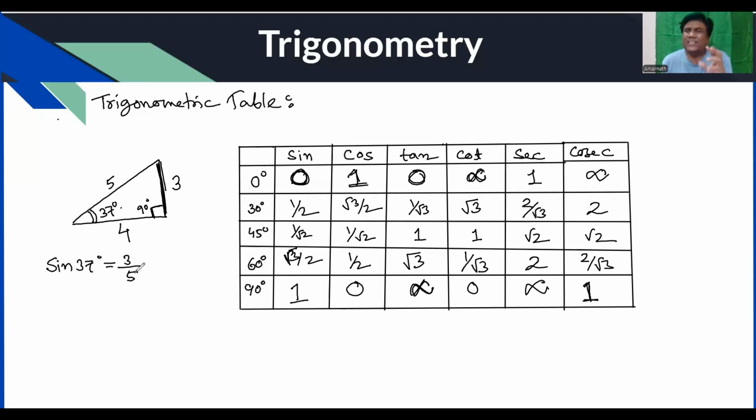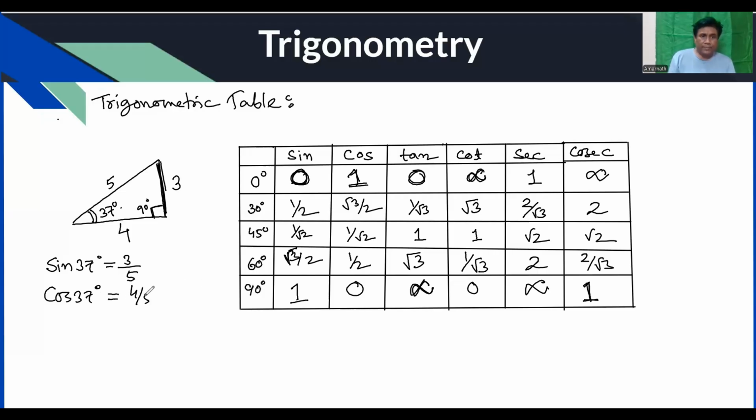So if somebody asks you now, define sine theta, you will say that it is the ratio of perpendicular to hypotenuse. What is cos theta? You will say that it is the ratio of base to hypotenuse. This is the definition. So can you tell me what will be the cos 37? 4 by 5.